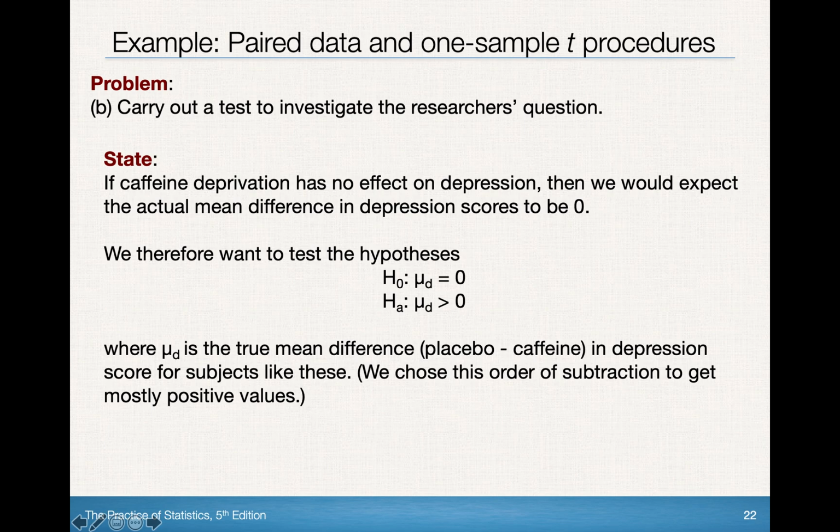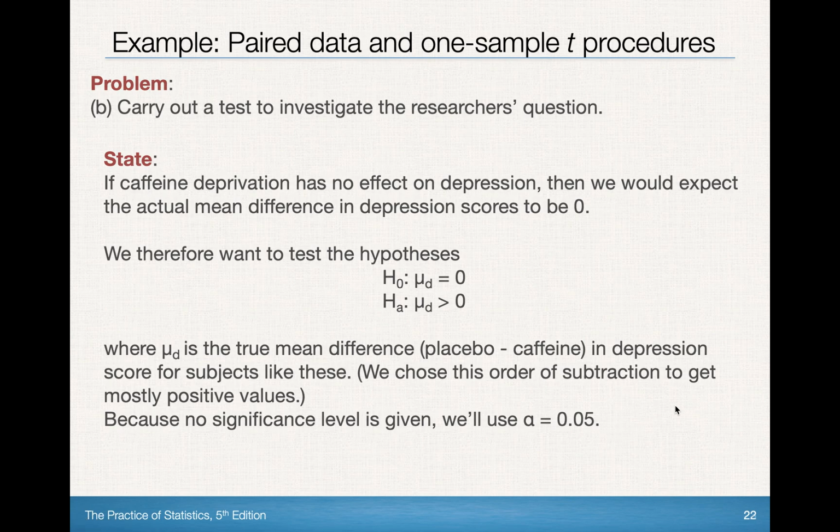So mu sub d is the mean difference, not the difference of the means, the mean difference, placebo minus caffeine, in depression score for subjects like these. Okay? Again, we're doing an experiment, so we can only make conclusions about subjects like the volunteers in the experiment. Okay? We'll choose an alpha level of 0.05.